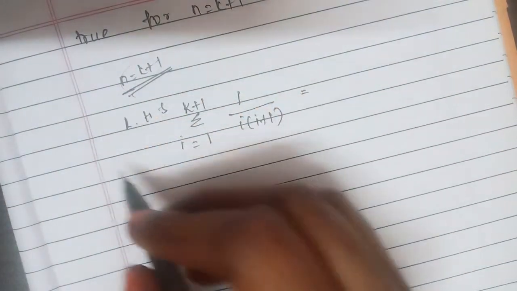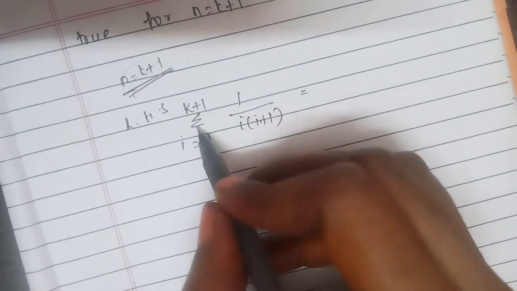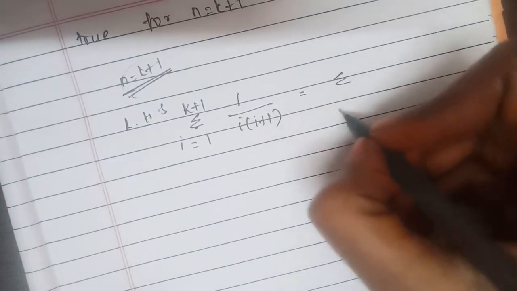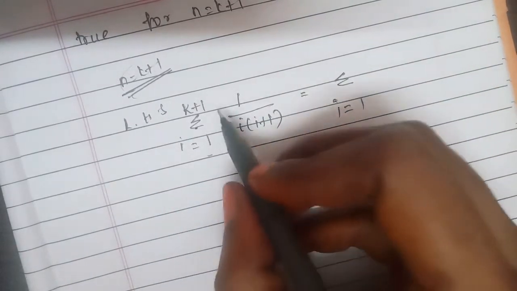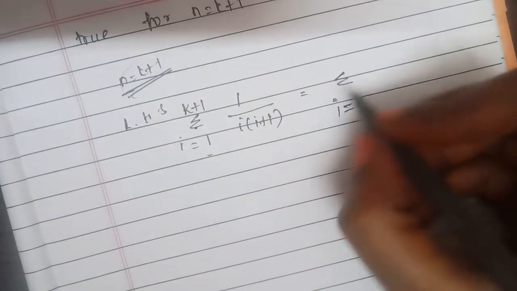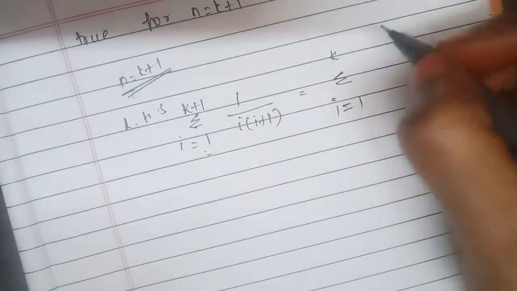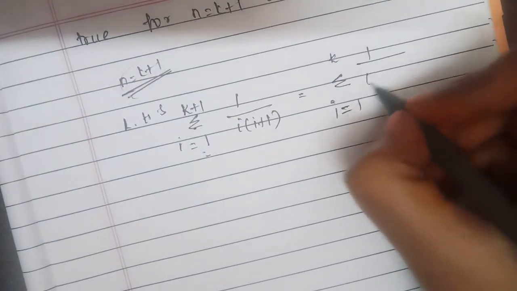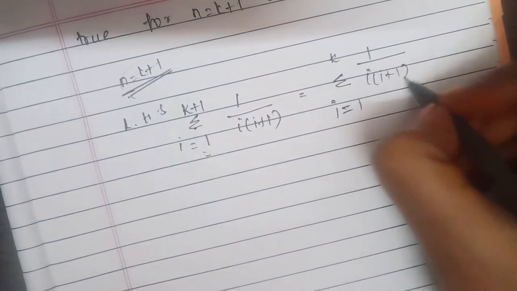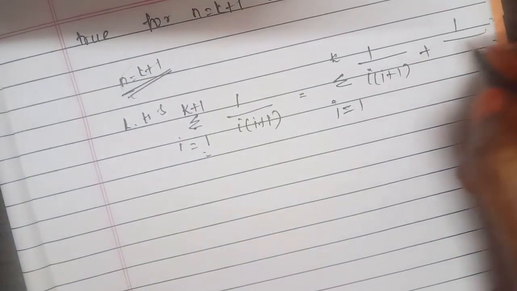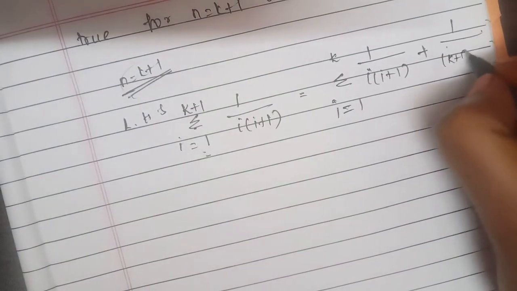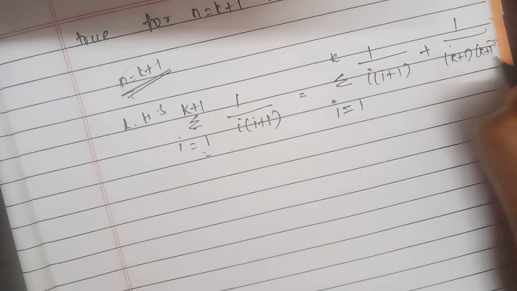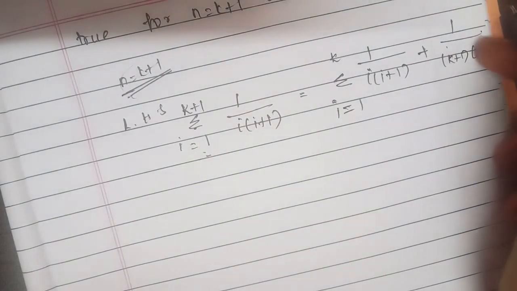So for that we need to split the term into two terms. So i equal to 1 to k of 1 divided by i into (i plus 1), plus we'll have another term, which is for k plus 1, the second term.